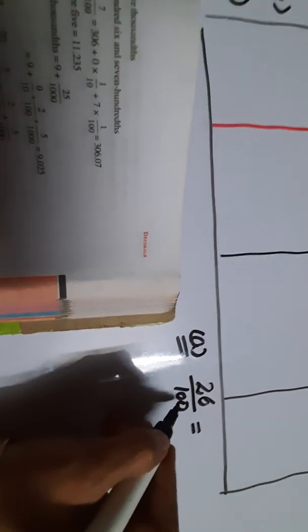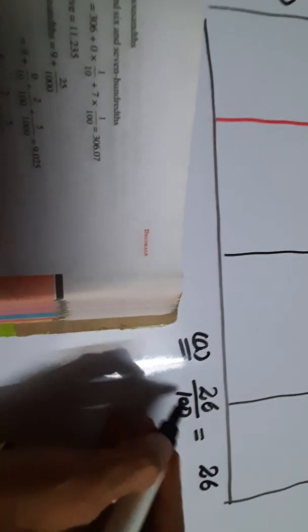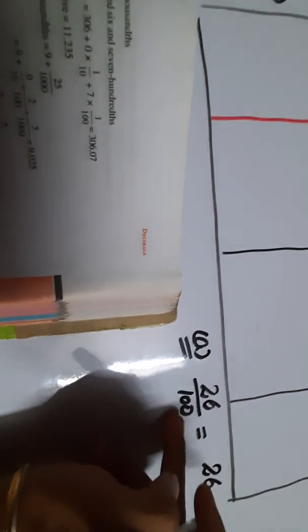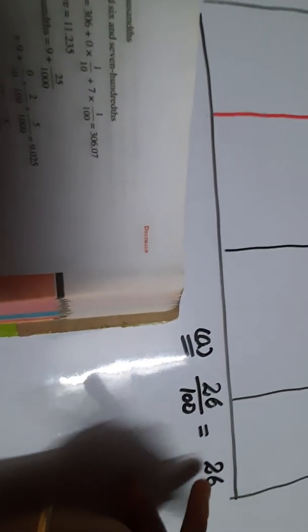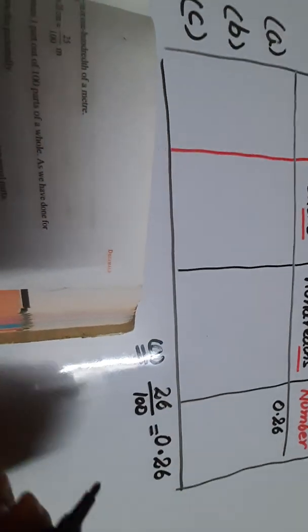Now there is 100, it carries 2 zeros, so first we'll write our numerator as it is, 26. Because 100 carries 2 zeros, we'll leave 2 digits from the right, first digit and second digit, and place the decimal point, and now no digit is left, for that we will place 0. So our decimal number for the first part becomes 0.26.